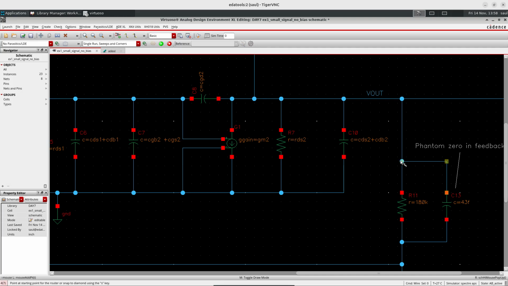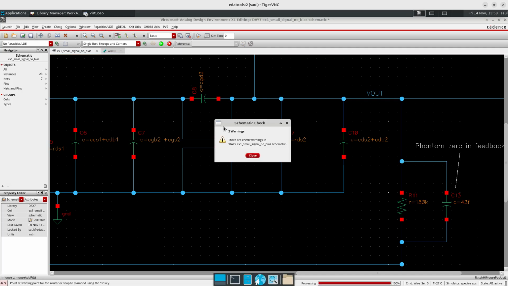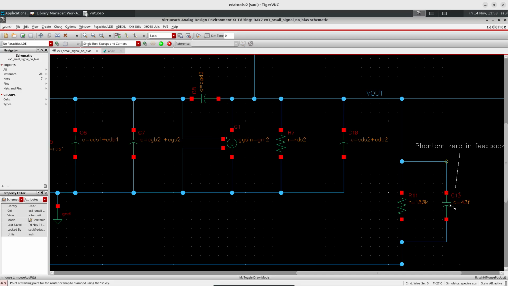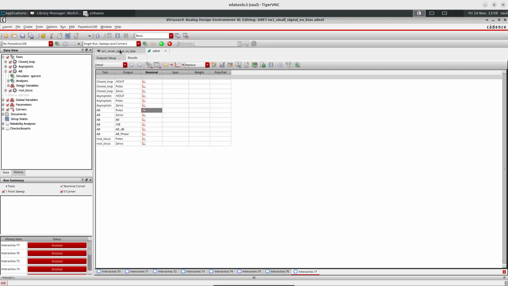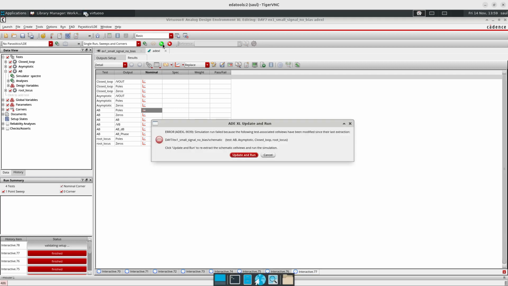So I will connect it. Okay, and then I will put exactly the value that I have just calculated. Let's see, that will be 37 femto, and let's just run the simulation.